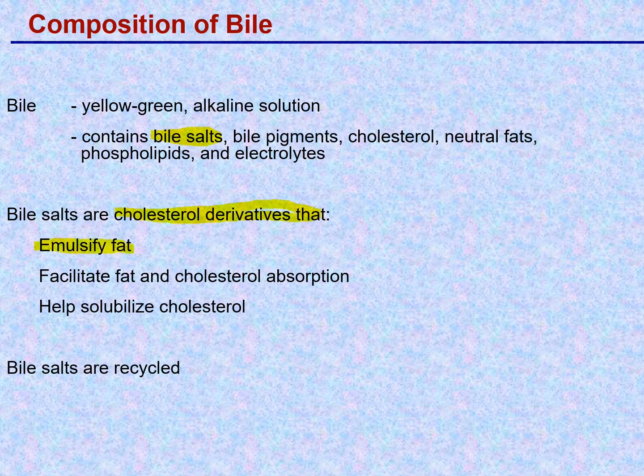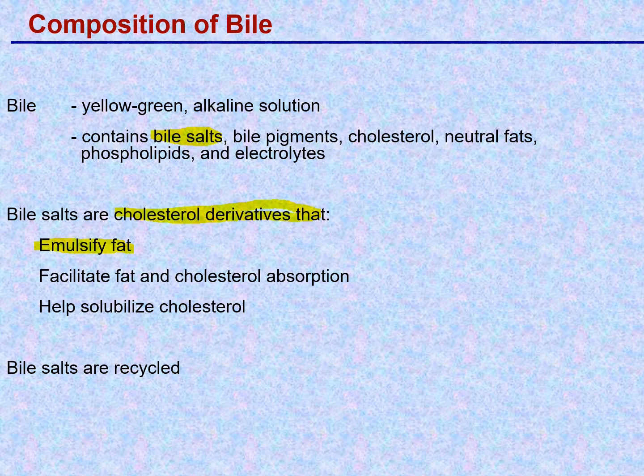Emulsification means that the fat is processed in such a way that you can get tiny little drops of fat. Usually, vegetable oil, for example, is a lipid like fat, and if you pour it on water, it'll all form one big glob and coalesce together.